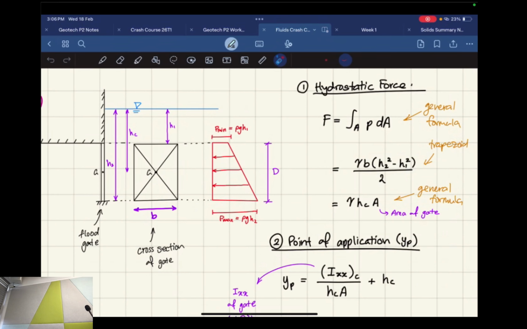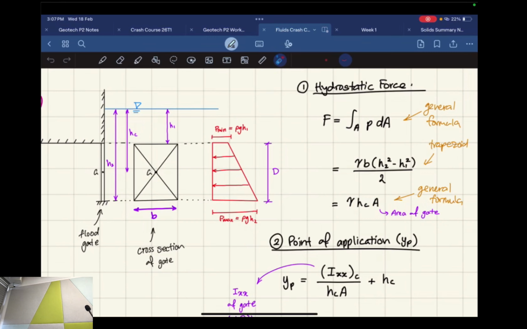The formula I personally like using is just a general formula. Right? It's just gamma times HC times A. Okay? HC being this thing here, the centroid of the gate. So the only time this formula becomes really hard to use is when you have some sort of odd shape like this. Where is this centroid?